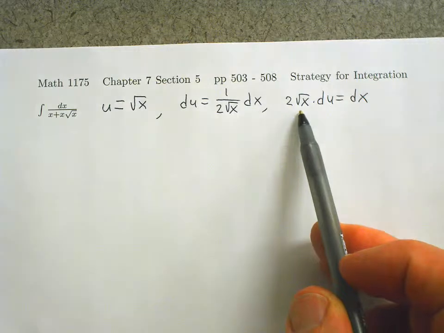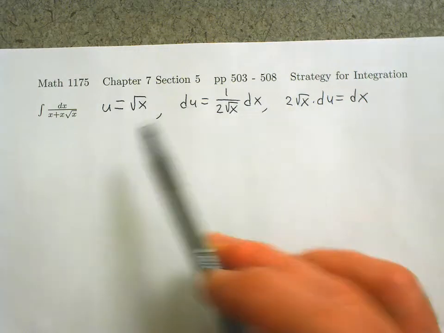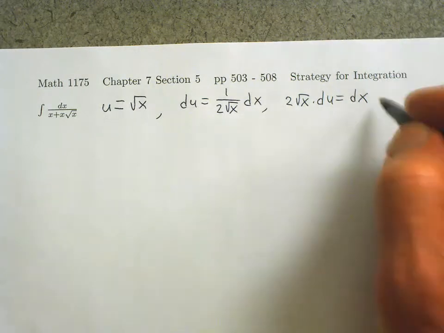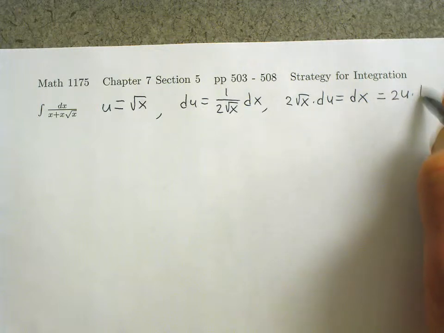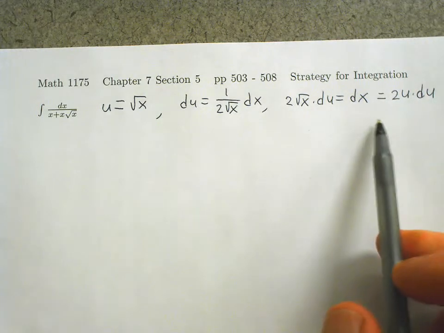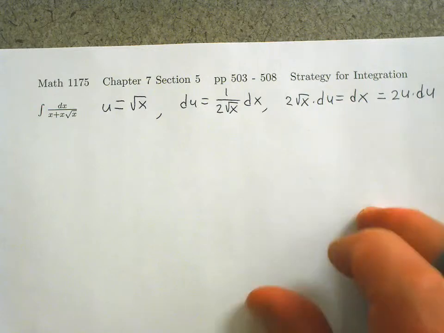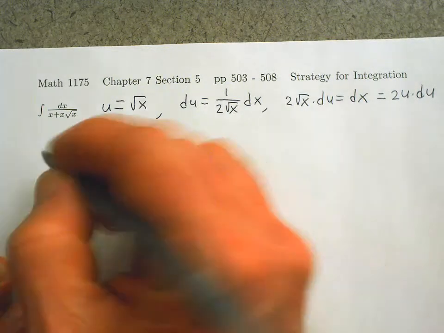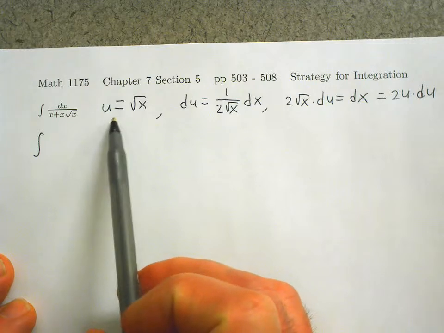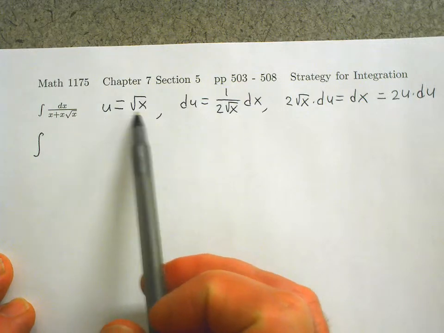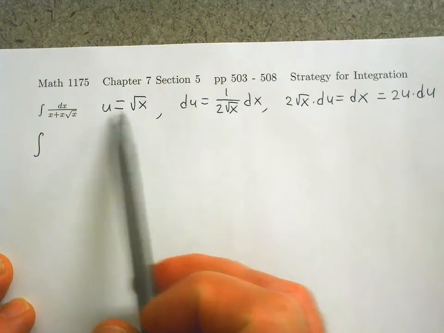But the square root of x is what u is, so this just becomes 2u du for dx. Okay, now we can do the other substitutions. If u is equal to the square root of x, then u to the second equals x.